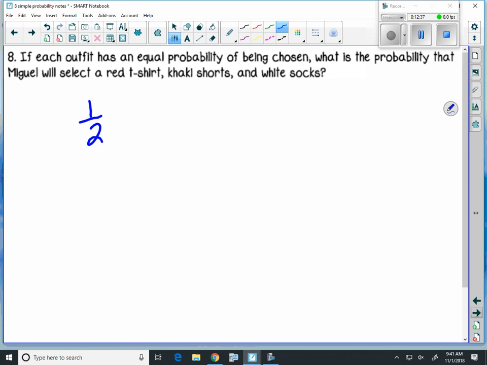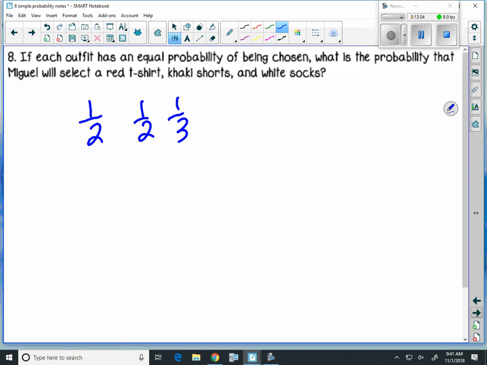How many total short options are there? How many different color shorts does he have? 2. So if he chooses khaki, that's another 1 out of 2. And how many sock options are there? 3. So white socks is a 1 out of 3 option.